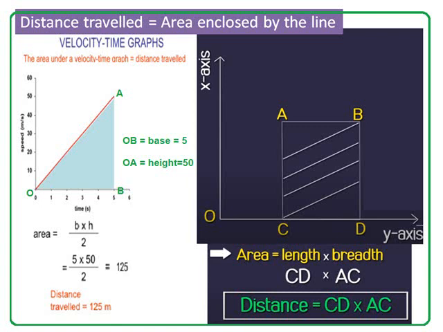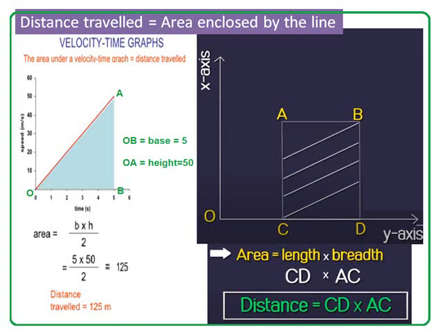Now for this type of motion OA, how much is the distance traveled by the body? So the distance traveled by the body, we have to calculate the area enclosed by the line. So the line is OA. So drop a perpendicular from A and it will touch the point B on the x-axis.